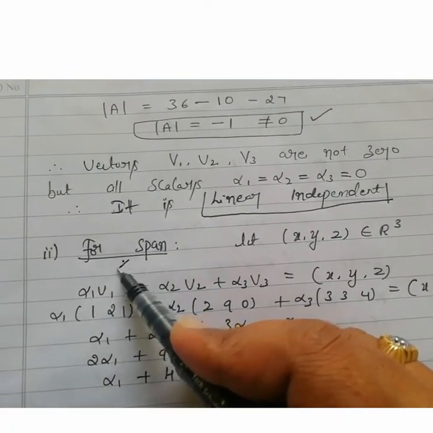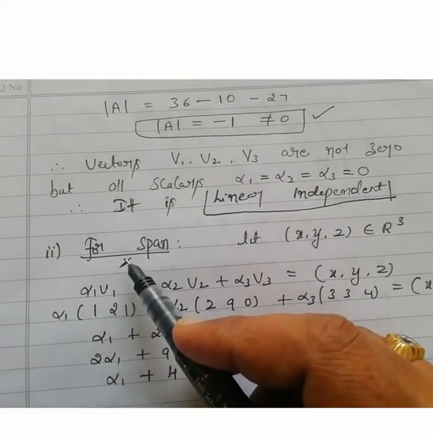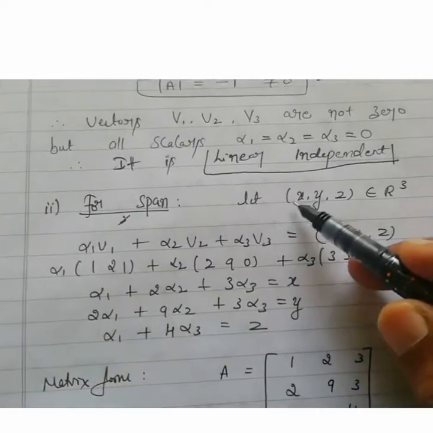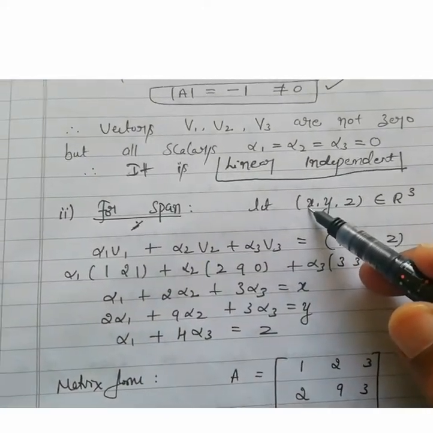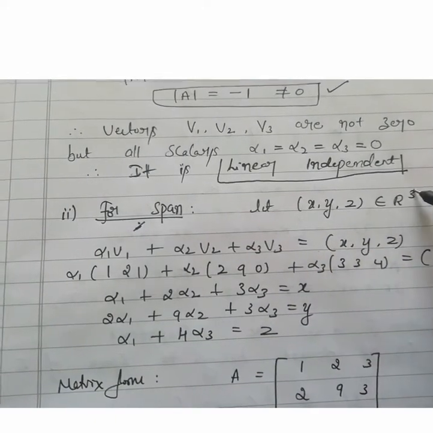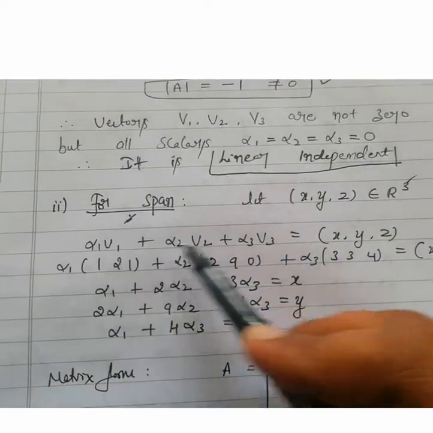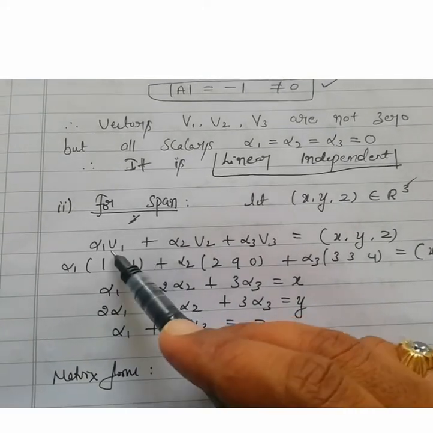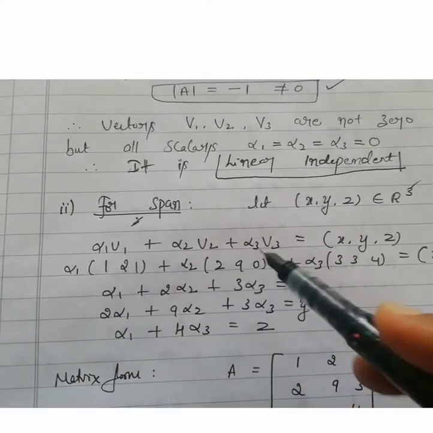Next, the second property is span. Once we have satisfied the first one, we move on to spanning. For this we consider that three elements are given, so x, y, z is in R3. We take the same equation as in the previous linear independence step: alpha 1 v1 plus alpha 2 v2 plus alpha 3 v3.